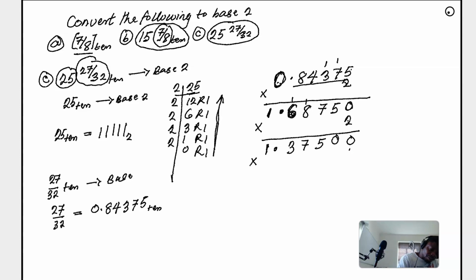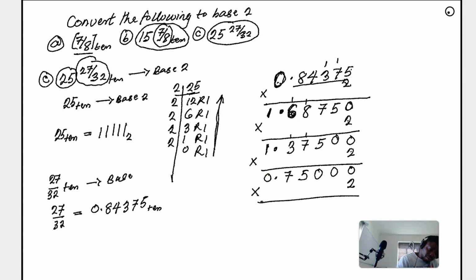You continue to multiply. This is 0, this is 0. 2 times 5, 10, remainder 1. 2 times 7, 14 plus 1, 15, remainder 1. 2 times 3 plus 1. 2 times 3 is 6 plus 1. That is 7. Remainder 0. Okay? You continue to multiply because everything needs to be 0 after the decimal.